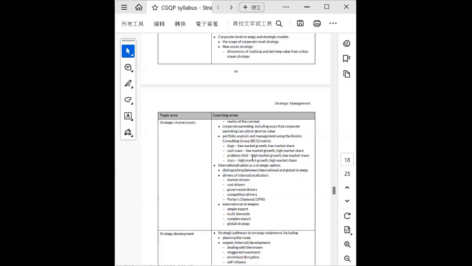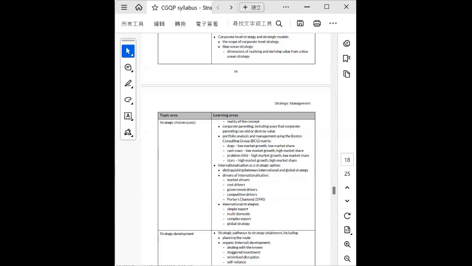Internationalization as strategic options. You have to distinguish international and global strategy. International strategy usually focuses on adapting your products to individual markets. With global strategy, you just standardize your offering across the markets.